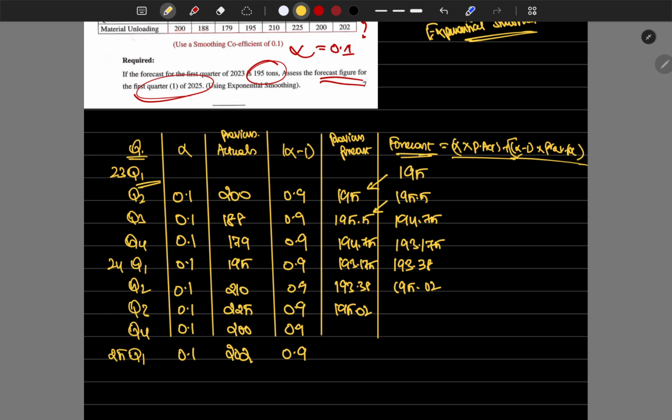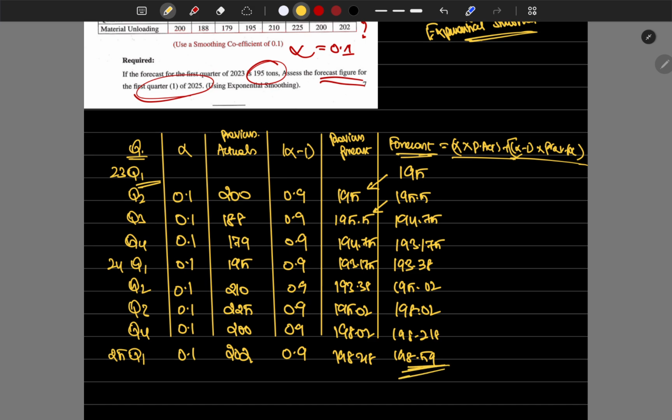Then 195.02 into 0.9 plus 225 into 0.1 gives about 198.02. Then 198.2 into 0.9 plus 202 into 0.1, totalling up, we get 198.59.